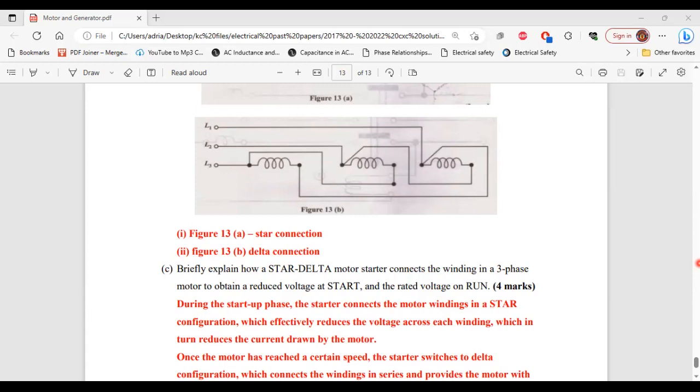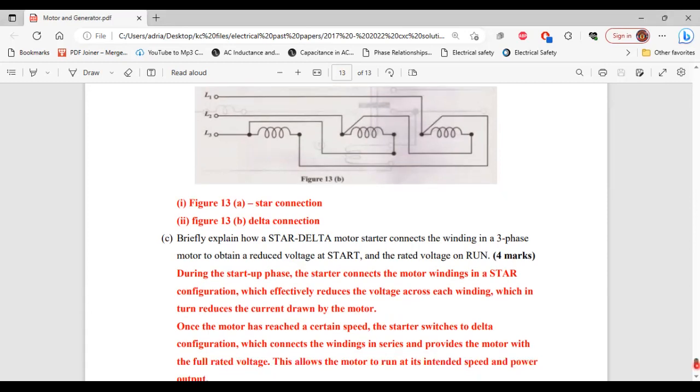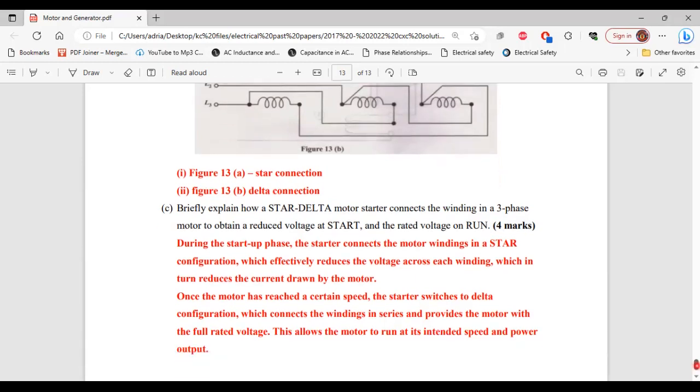Once the motor has reached a certain speed, the starter switches to delta configuration, which connects the windings in series and provides the motor with the full rated voltage. This then allows the motor to run at its intended speed and power output. All right, so that's it for part C, and that's it for this question.